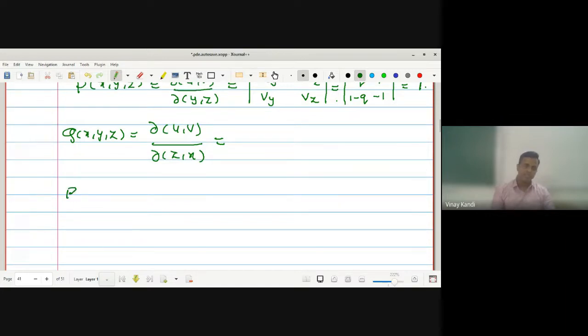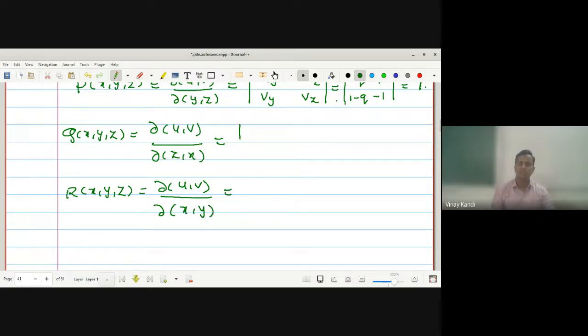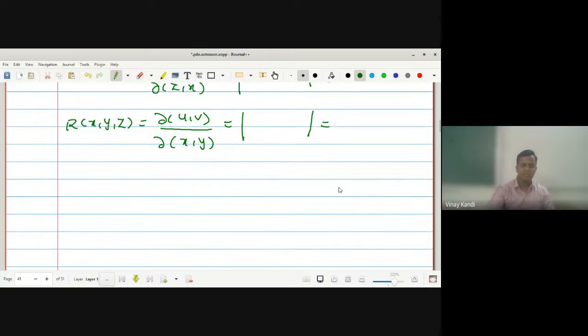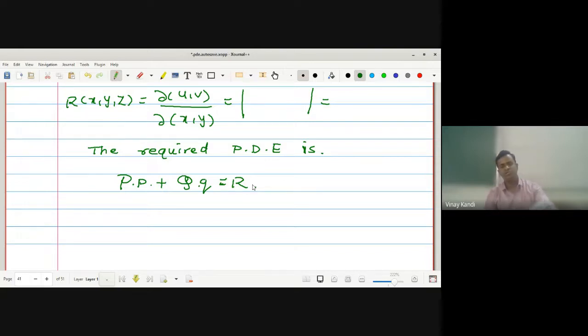Similarly calculate this. Now what is R of x, y, z? Jacobian of (u, v) with respect to (x, y). Find this. Okay, you have u and v. Find both of these. Wherever the values come, where will you put them? In the required partial differential equation. The required partial differential equation is capital P into small p plus capital Q into small q is equal to R. Put them in this, and that is the required partial differential equation of order 1.